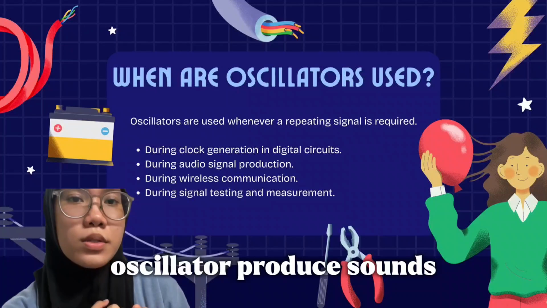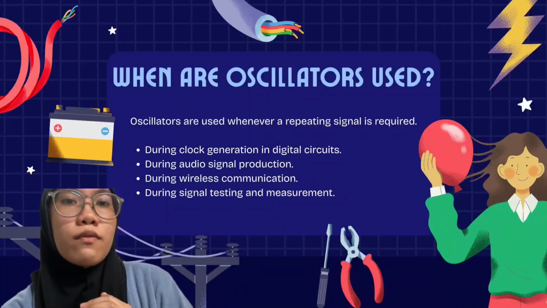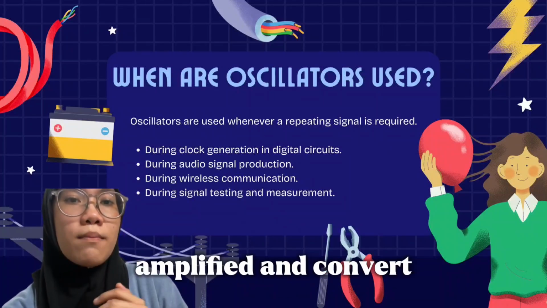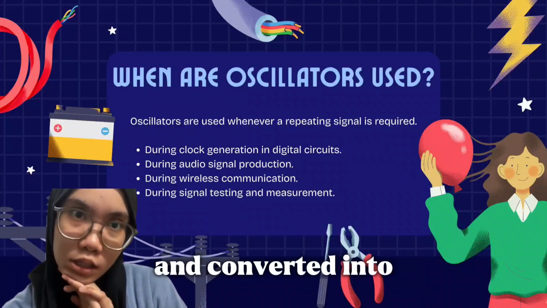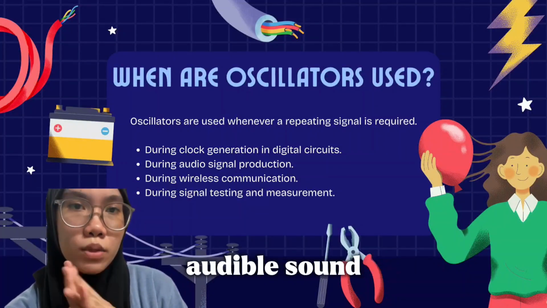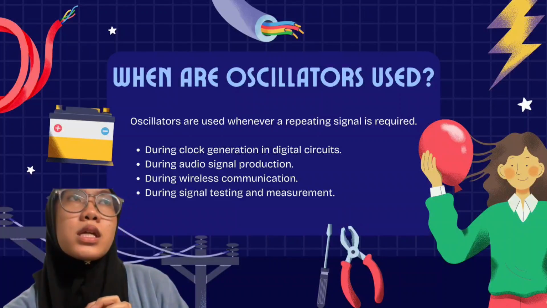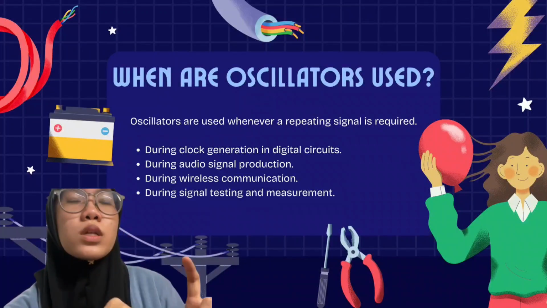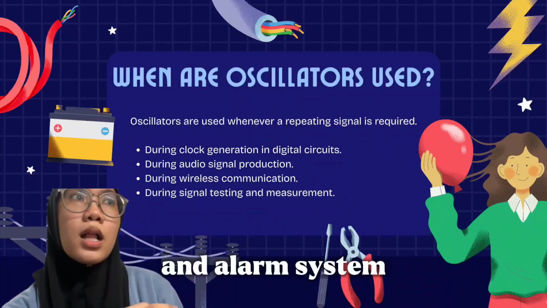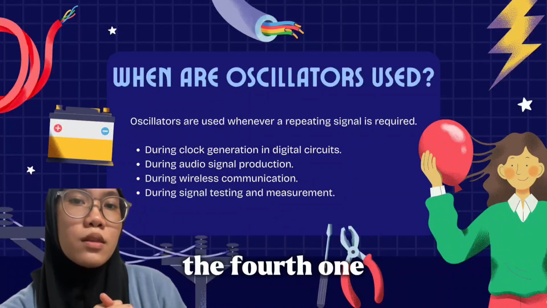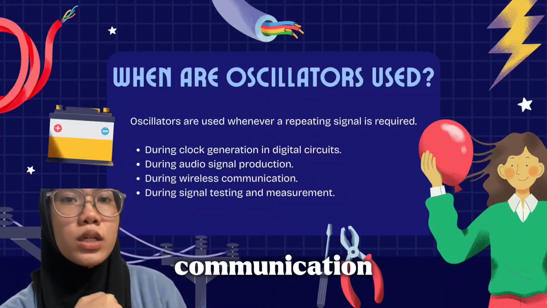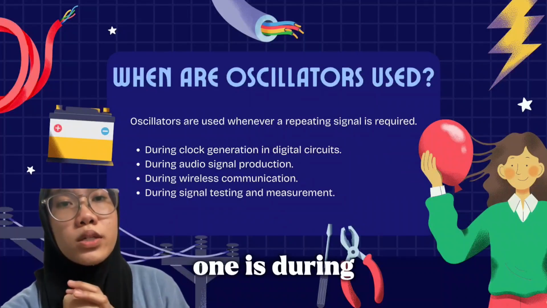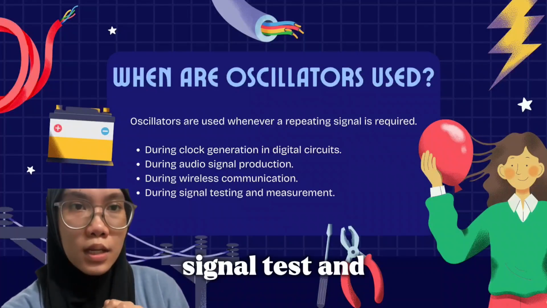Oscillators produce sound frequencies that can be amplified and converted into audible sound in speakers, musical instrument, and alarm system. The fourth one is during wireless communication, and the last one is during signal test and measurement.